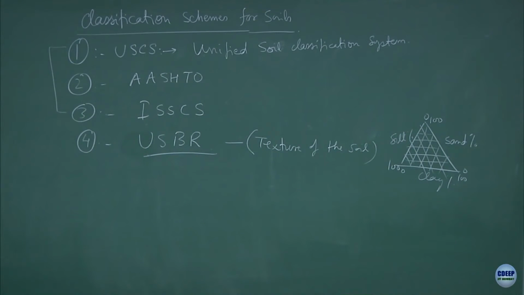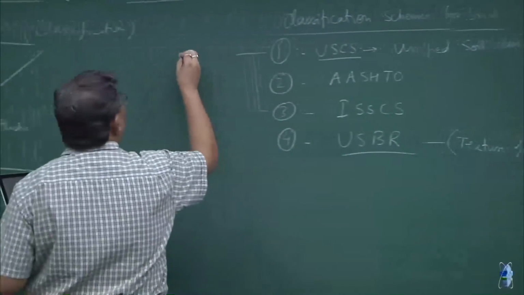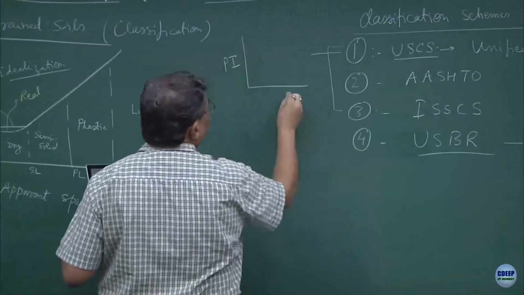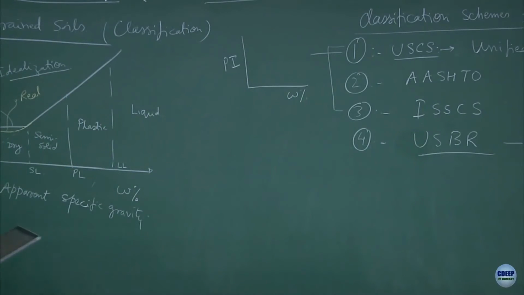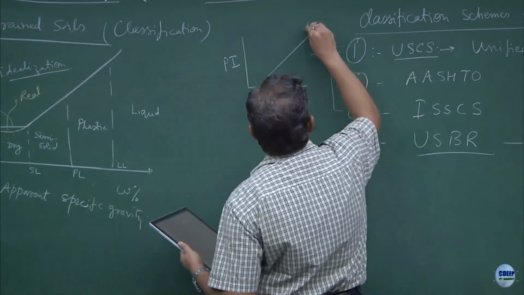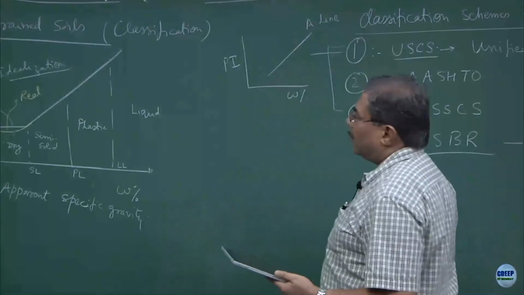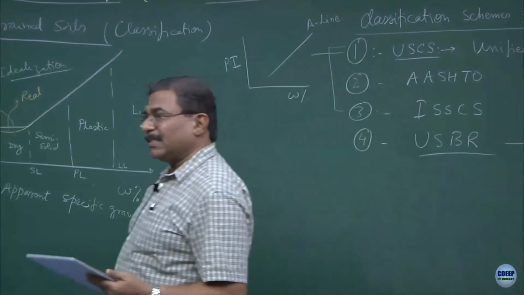3-dimensional plotting mostly. Now, the one which is used quite significantly in our context is the Unified Soil Classification System. This is a graph between plasticity index versus liquid limit, and we use here the concept of A line. Now, A line is named after Arthur Casagrande.